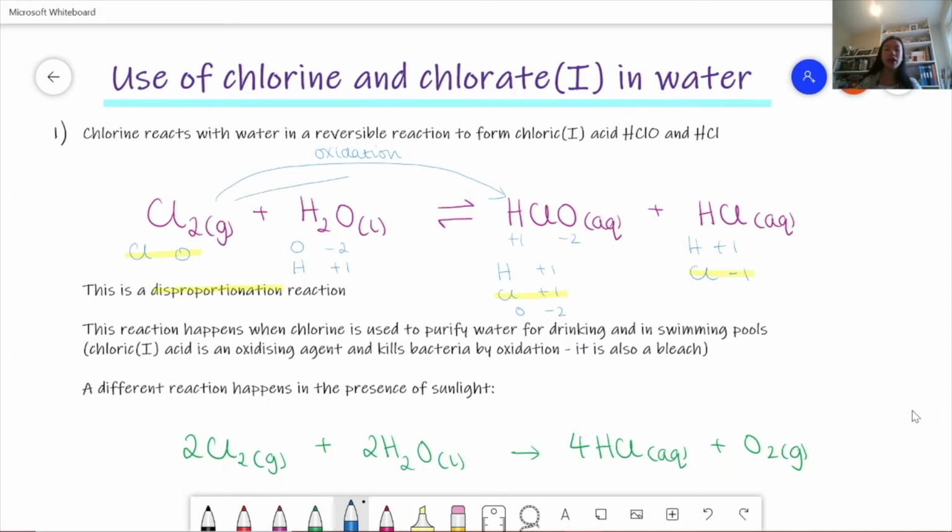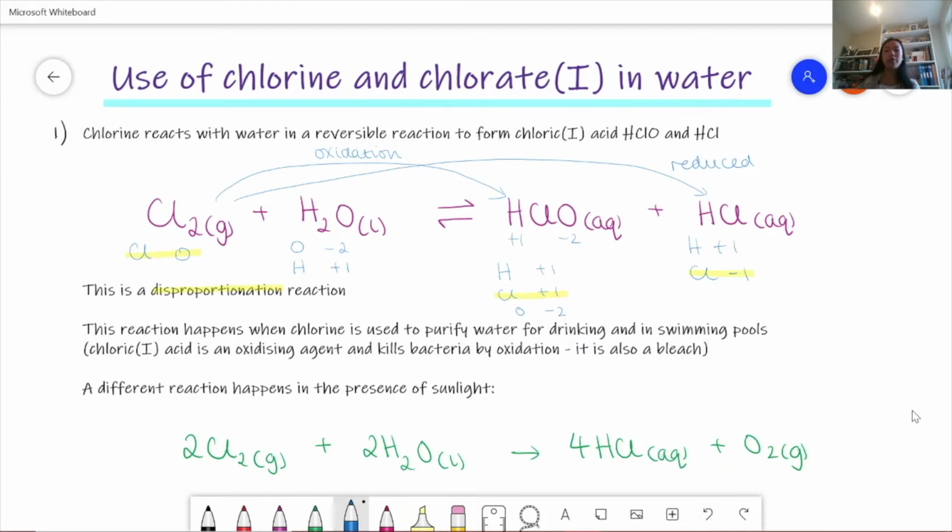However, to get to the hydrochloric acid, it's been reduced. So because the chlorine's been both oxidized and reduced in the same reaction, we call this a disproportionation reaction.